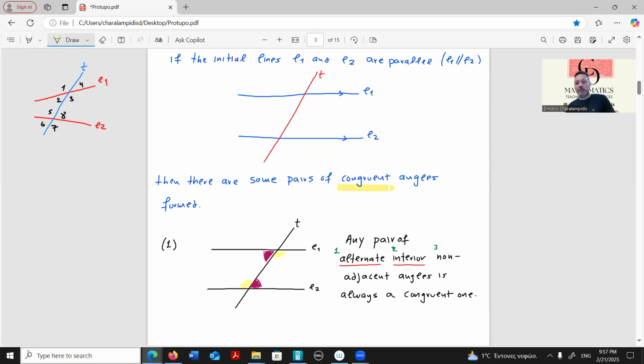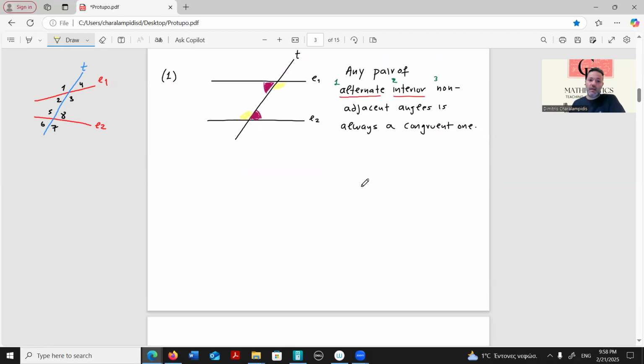So bear in mind from now on that any two angles under these conditions, of course, that L1 and L2 are parallel and they are cut by a third line, the alternate interior non-adjacent angles should always be congruent to each other, which means that if the yellow on top is, let's say, 100 degrees, then the yellow below should also be 100 degrees. Let's go to the second pair.